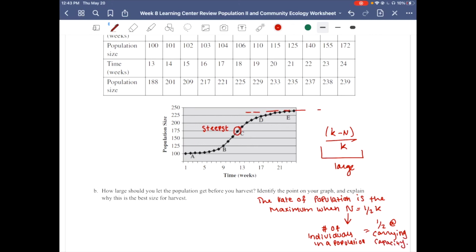So using this logic, we know that carrying capacity is around E, and so it's around here, at 225. If we take half of that, it's going to be around here. So this is where we're going to have the best size for the harvest, because we're going to have the most individuals and the highest rate.